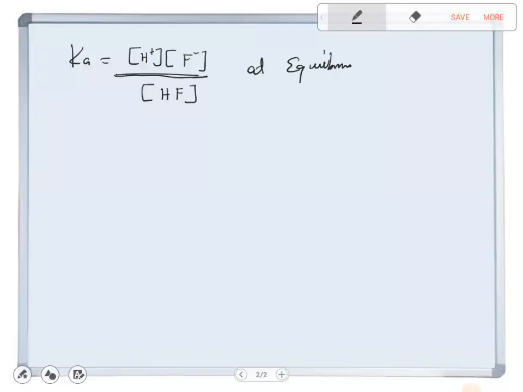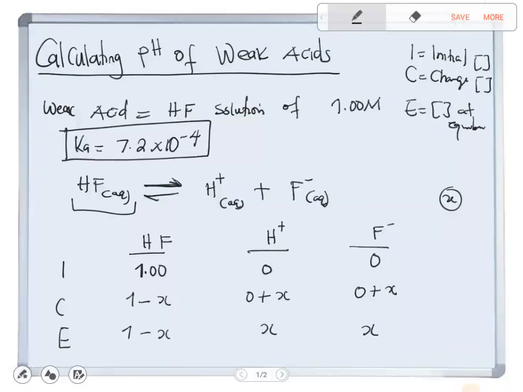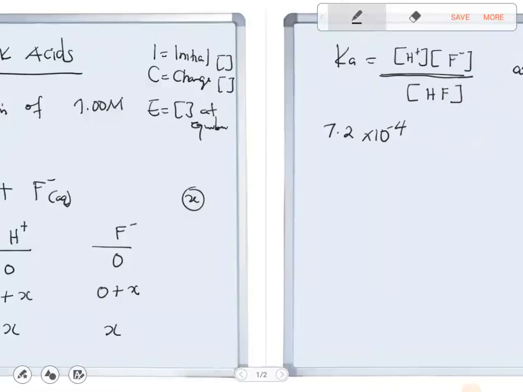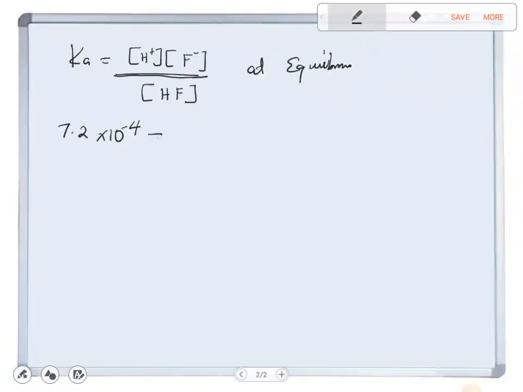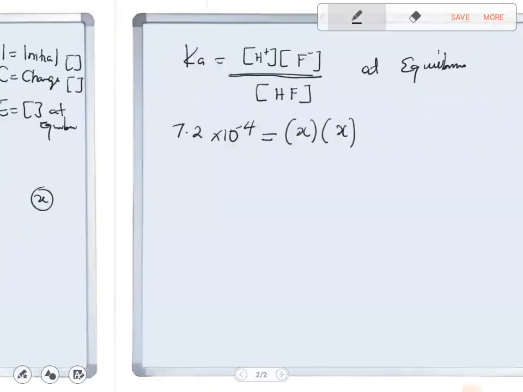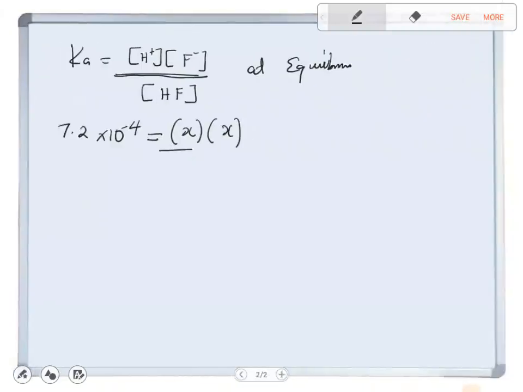Ka is 7.2 times 10 to the negative 4. We cannot directly find the pH. We need the actual concentration of the hydrogen ion at equilibrium. That's the x. The concentration of H plus at equilibrium is x, the same for F minus, and for HF it's 1 minus x.